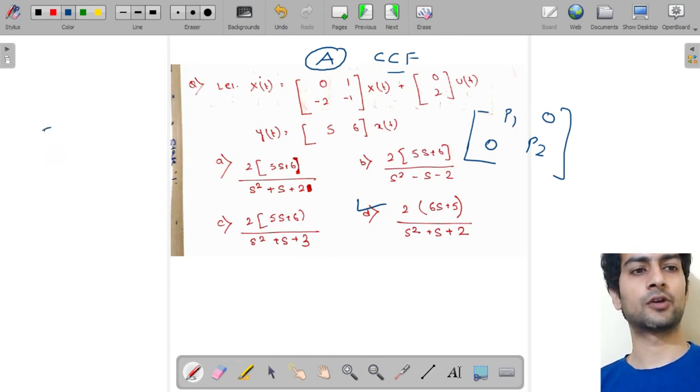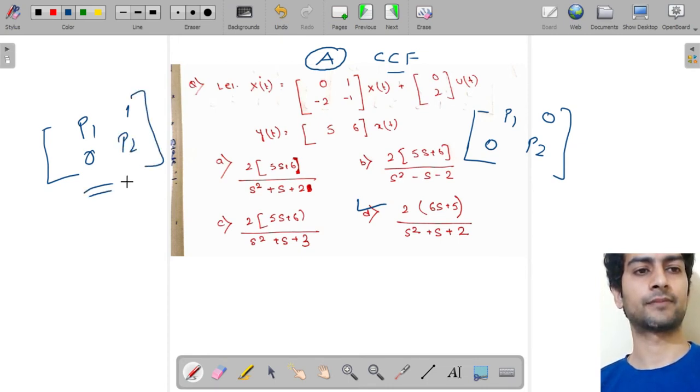And similarly, if you are given a JCF, a Jordan canonical form, then you will get something like this. Once you can conclude which form it is in, you can easily find the transfer function.